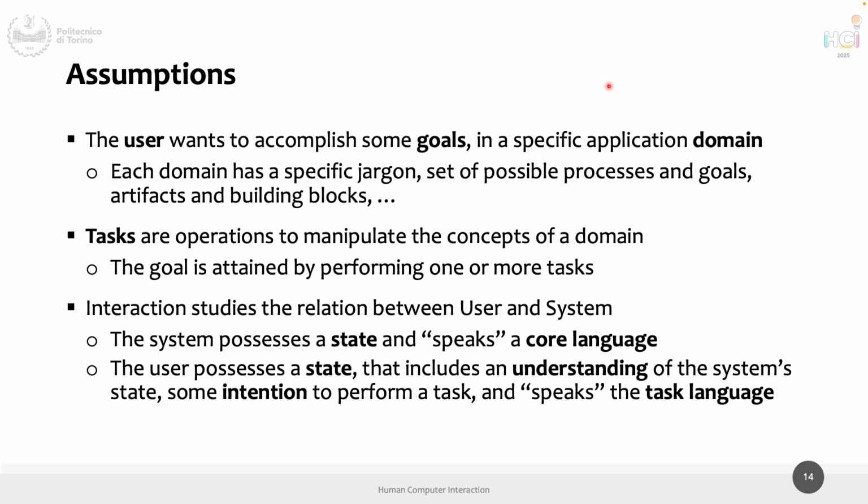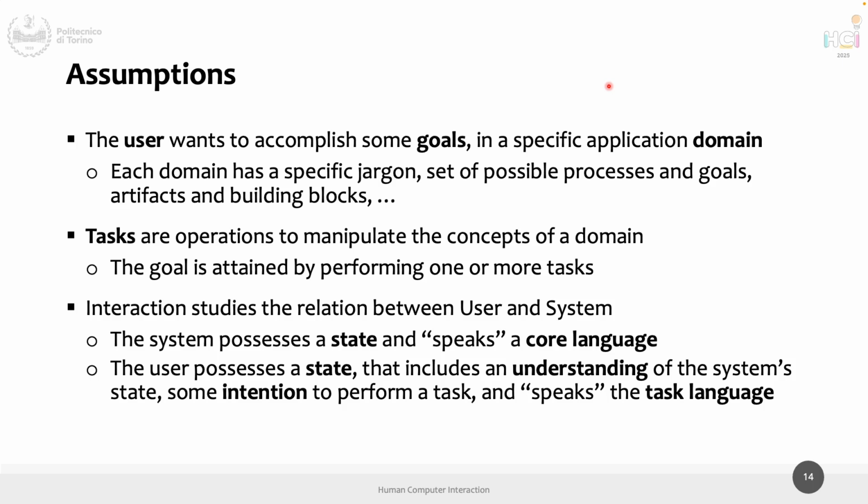And we say that the system has a state, the computer has a state, that is not the state of React, it's just state, and speaks a core language. And the human, as well, has a state that includes the understanding of the system state, my understanding of what the computer is doing, that may or may not be exactly what the computer is doing, my intention to perform a task to reach a goal, and I speak as a human being my language, the task language.